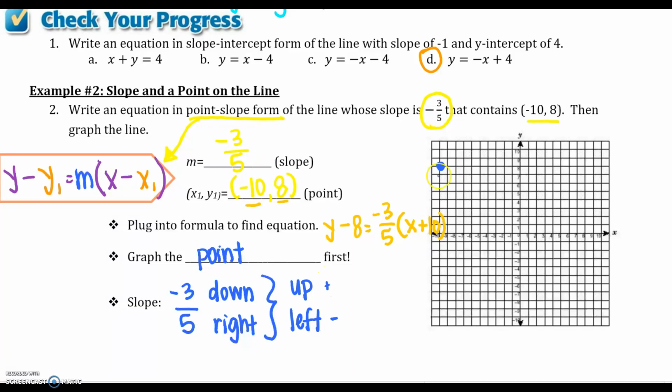All right, so down 3, 1, 2, 3, right 1, 2, 3, 4, 5, and then again, and if I can have at least 3 points, I'm going to graph all the way through those lines and make arrows. All right, go ahead and check your progress on the back.